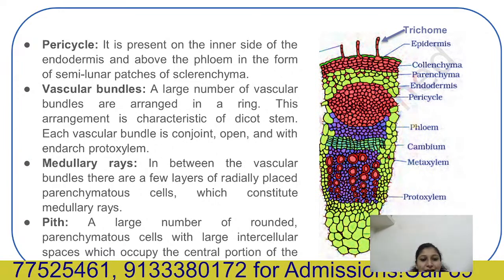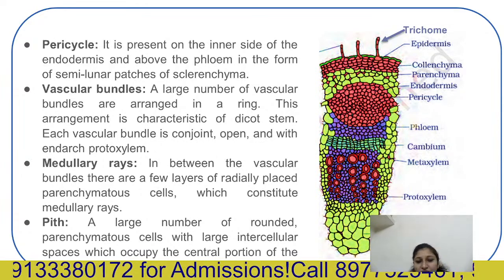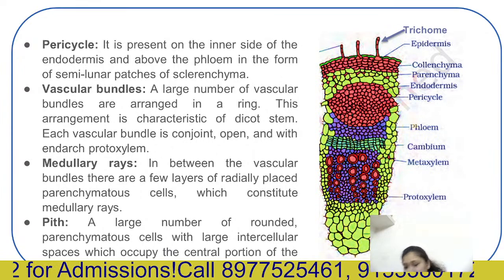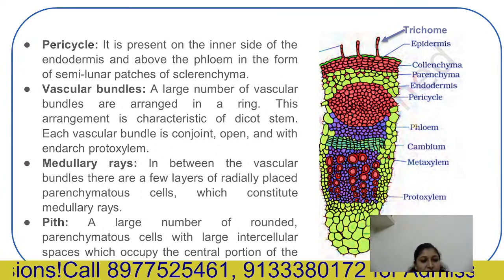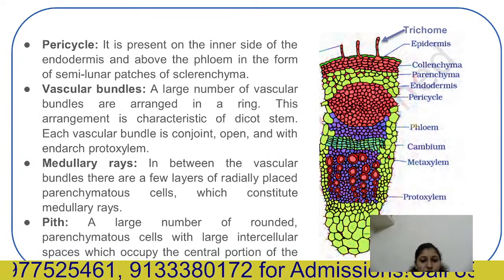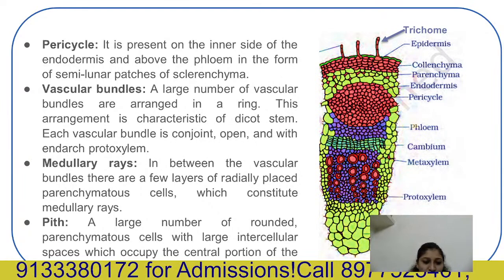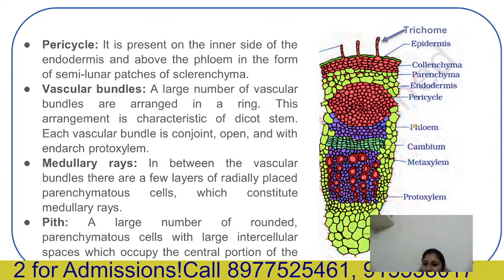Then medullary rays, in between the vascular bundles, there are few layers of radially placed parenchyma cells, which constitute medullary rays. Then pith, a large number of rounded parenchyma cells with large intercellular spaces which occupy central portion of the stem constitute the pith. So pith is large here.